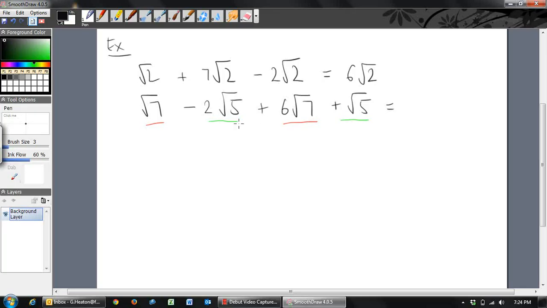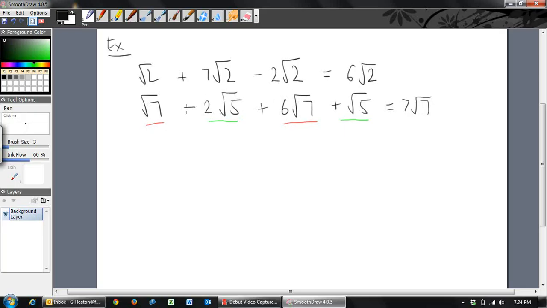We can only add the similar ones together. How many total root 7s do we have? We have 1 root 7 here and 6 root 7s here. 1 plus 6, we have 7 root 7s.